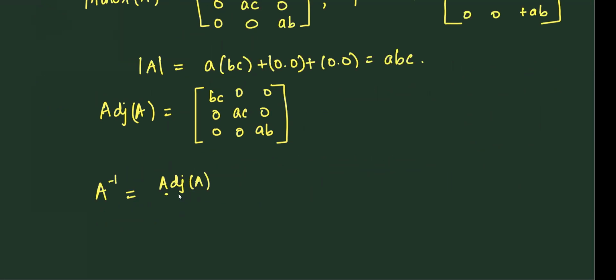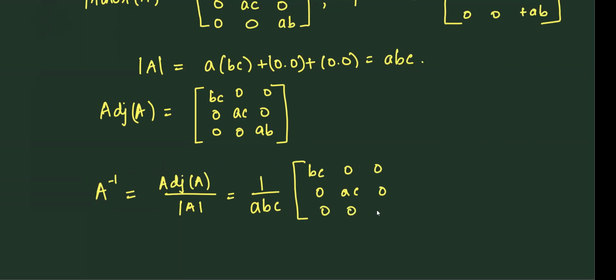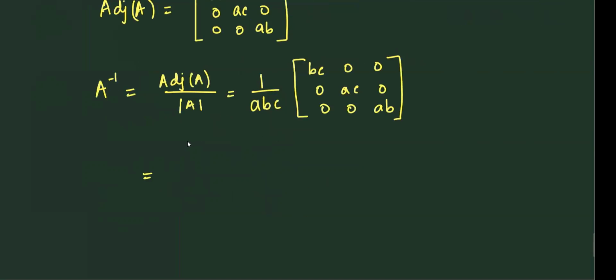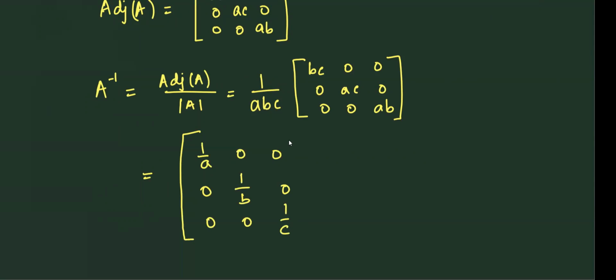Adjoint of A by determinant of A: 1 by A and 1 by B and 1 by C. Yes, correct. So when you divide, you get 1 by A, 0, 0, then 0, 1 by B, 0, 0, 0, 1 by C.